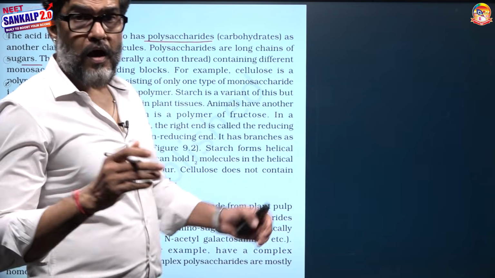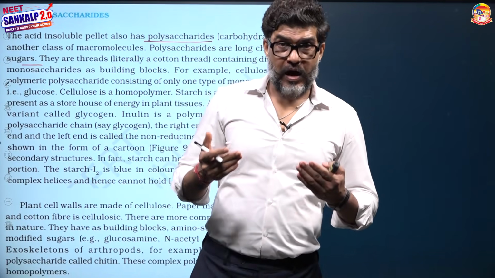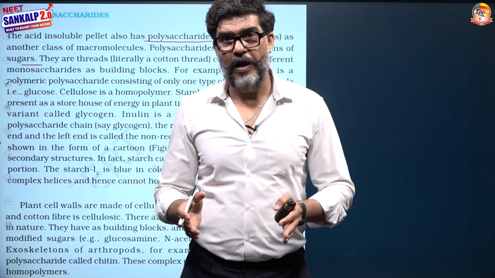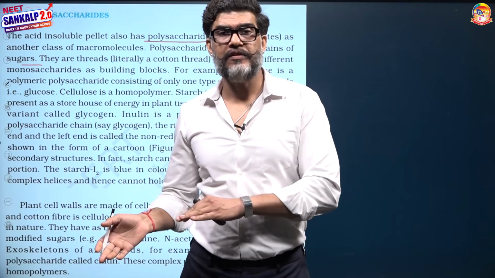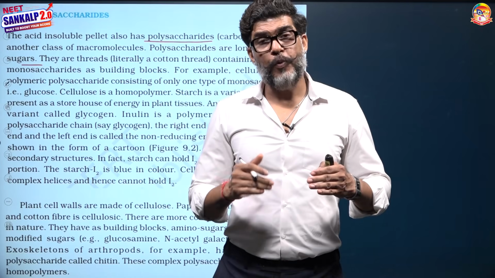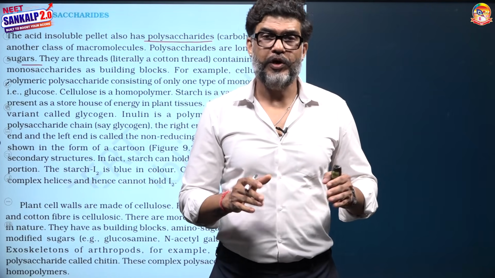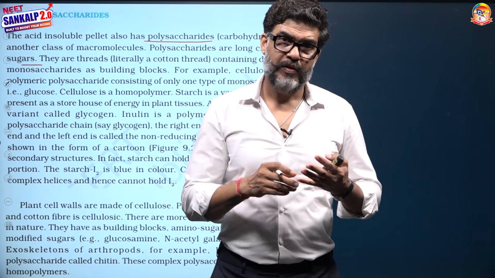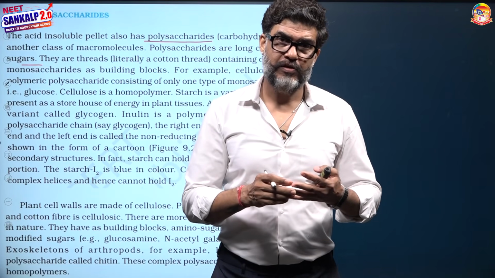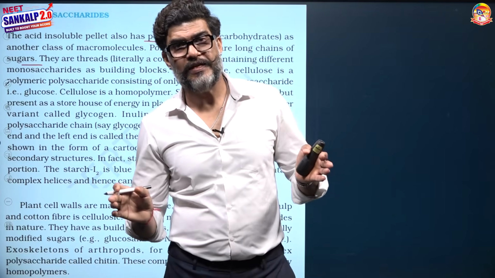Means unlike proteins, carbohydrates may be homopolysaccharides or heteropolysaccharides. If any polysaccharide is made up of the same identical units, it is called a homopolysaccharide. Starch, glycogen, cellulose, chitin, they all are homopolysaccharides.